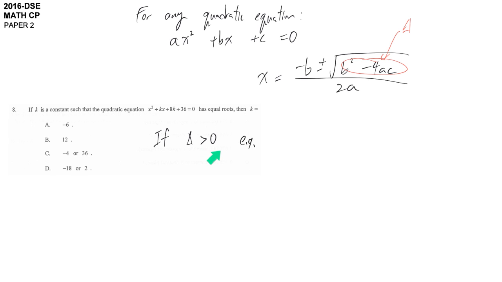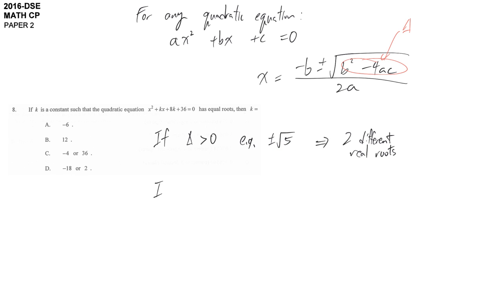If delta is larger than 0, then that part may become, for example, the positive square root of 5. Then we have the first case, plus square root 5, and the second case, minus square root 5. So we will have two different real roots, because the square root of a positive number is okay, it gives real numbers.